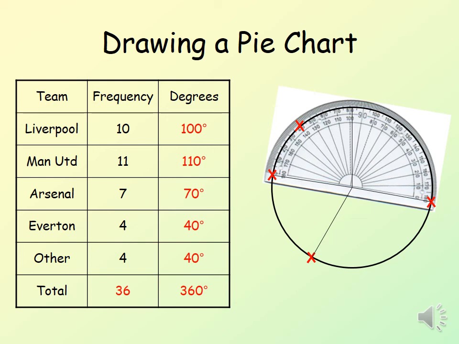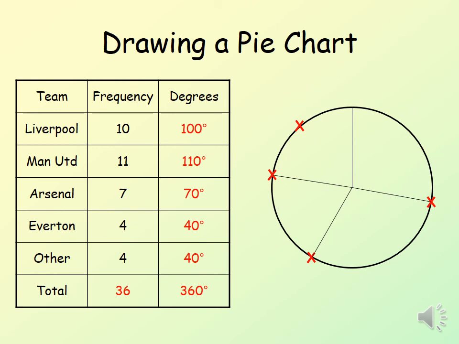Okay, which is the final one that we can put on. So where that red cross is now is 40 degrees from the previous measurement, and we just joined that up, and there we have our pie chart, and all that remains is for it to be labeled.